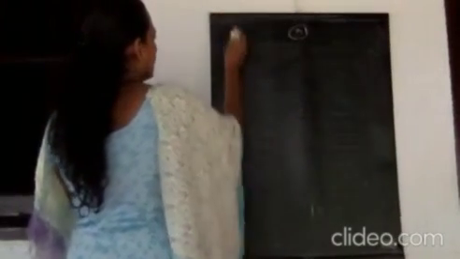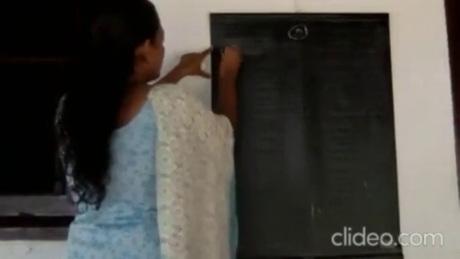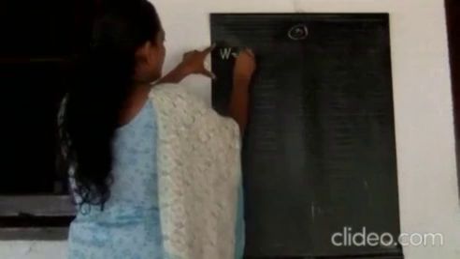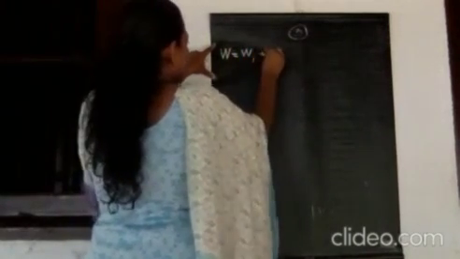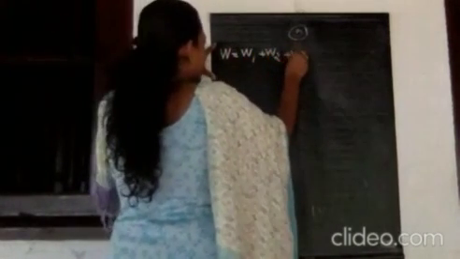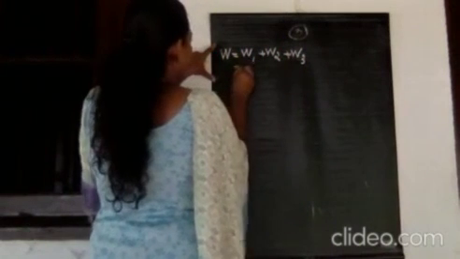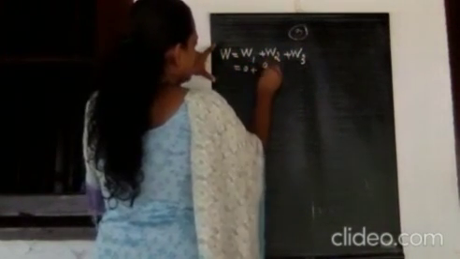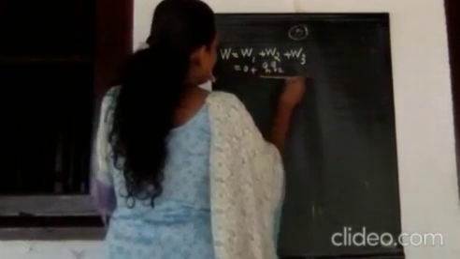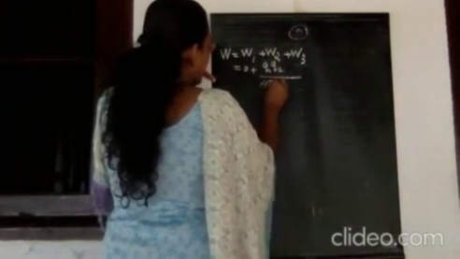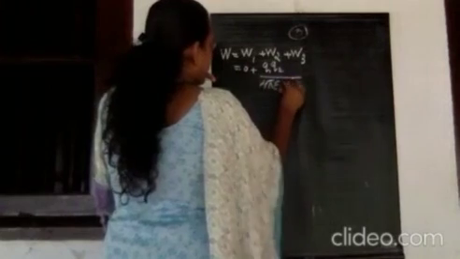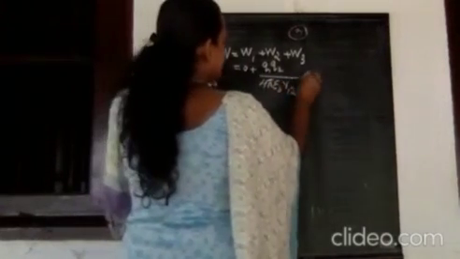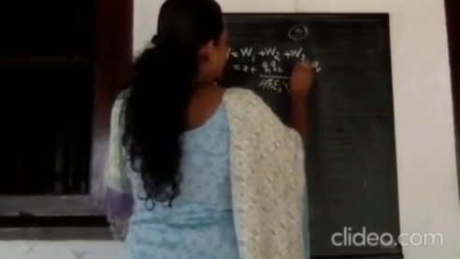So we can write the expression for the total work done. Total work done is equal to W. W is equal to W1 plus W2 plus W3. What is W1? W1 is 0, plus how much is W2? That is Q1 Q2 divided by 4 pi epsilon 0 R12 plus W3.